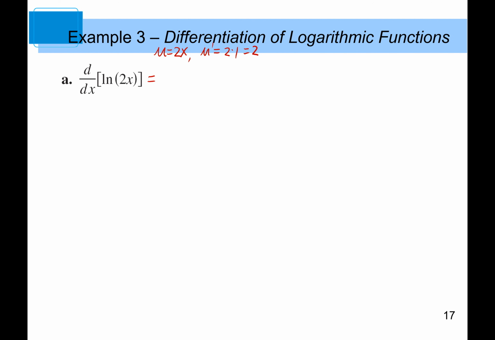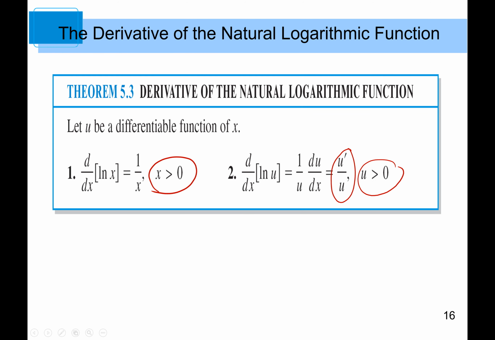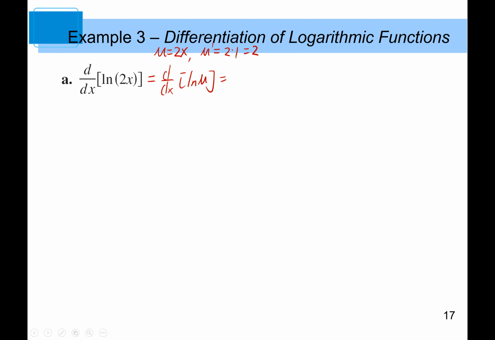Now rewriting as Ln of u, and based on the previous property, derivative of Ln of u is equal to u prime over u. U prime is 2, u is 2x. So cancel 2 and it becomes 1 over x.